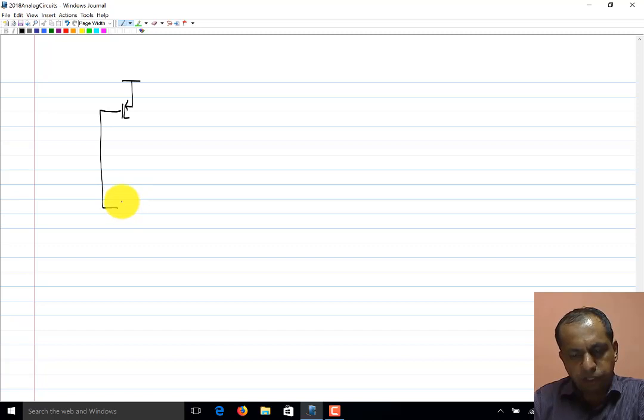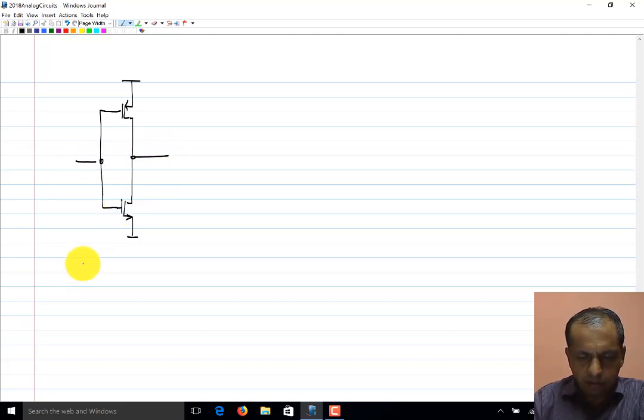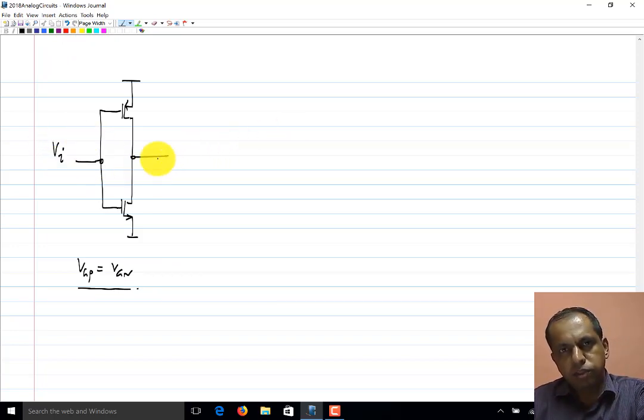and it happens to also be a very popular circuit used in various contexts. This basically says that VGP equals VGN. Okay, and I'll simply show this as a large signal input Vi. Okay, earlier I showed it as bias voltage plus some small signal input.